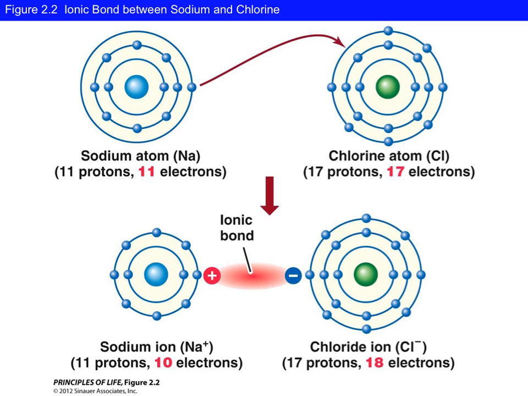Now the sodium has gone from a sodium atom to a sodium ion, and it has become positively charged. Why? It lost one of its electrons that was balancing out the charges between the protons and the electrons. The chlorine atom has become a chloride ion because it gained an electron to fulfill the octet rule. A lot of that is a little more than we need to know. You don't really need to know which atoms are going to form which ions, but just know exactly how they're formed.